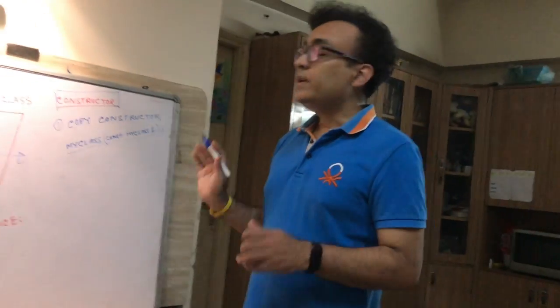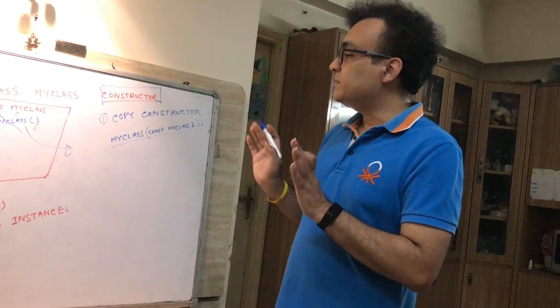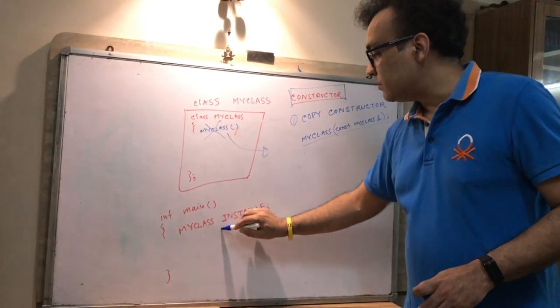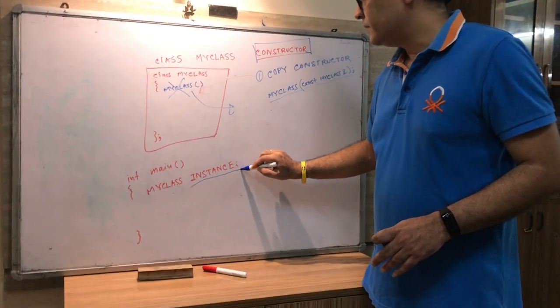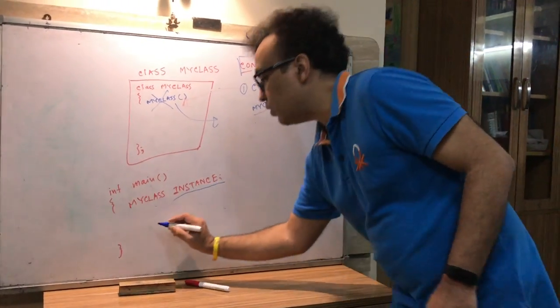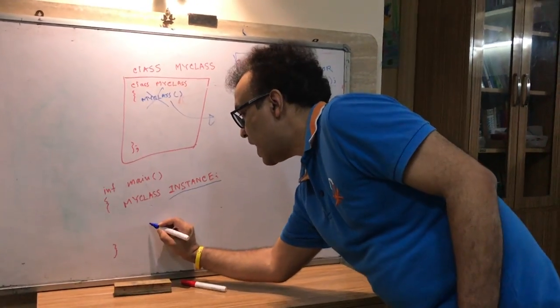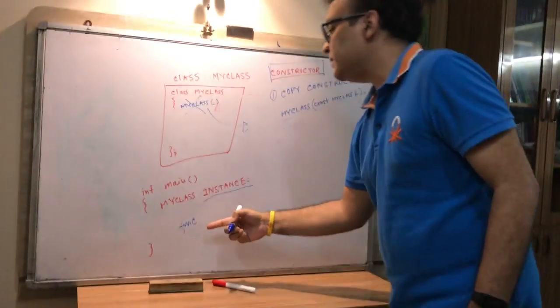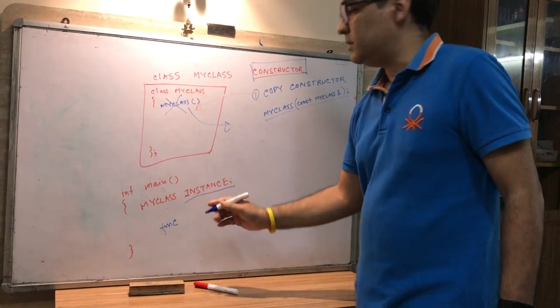Now, why do we write a copy constructor? The copy constructor is called when we create some object and we pass this object as an argument to some function. It can be a class member function or it can be a normal function.